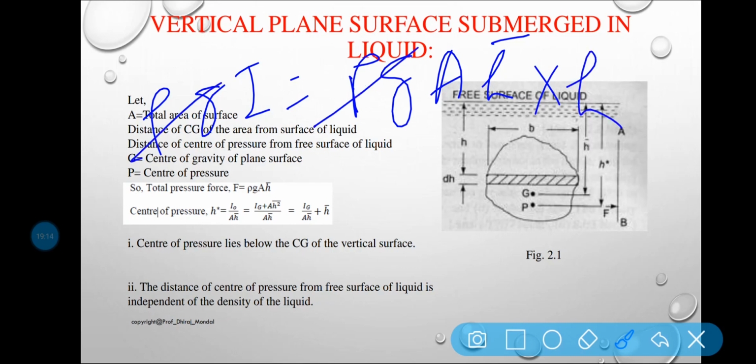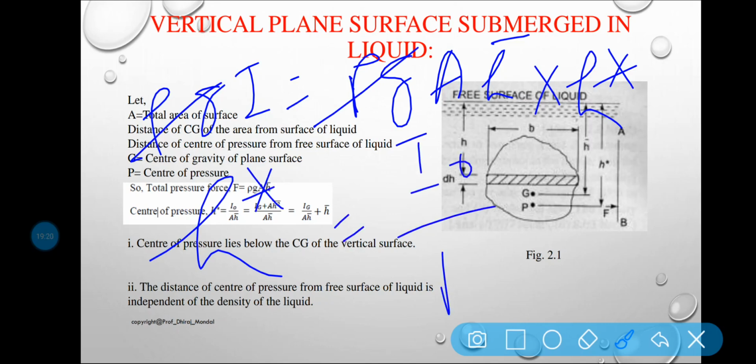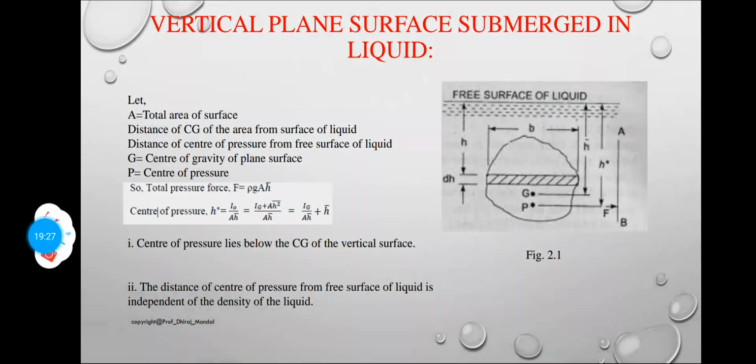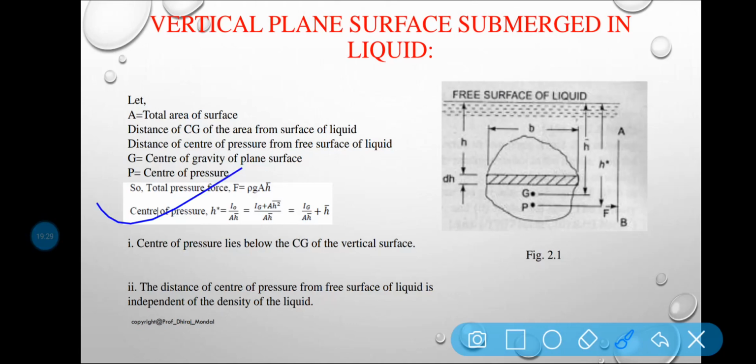So rho g cancels out, and H star can be written as I naught by A H bar. So this is written here: H star is equal to I naught by A H bar.